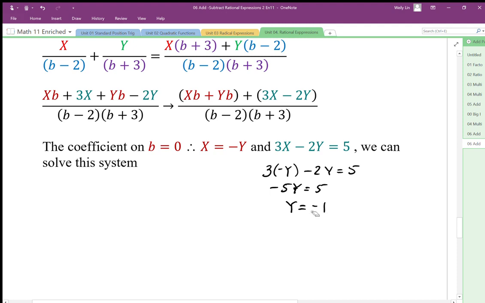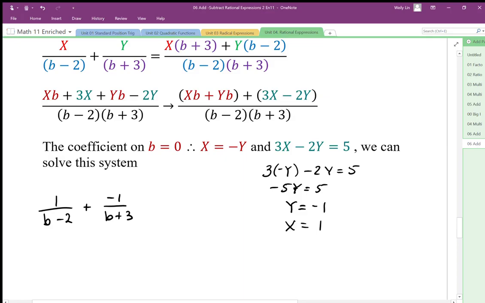If y is equal to negative 1, I go back up to here and I can see that x must be equal to positive 1. So my original fraction would have been 1 over b minus 2 plus negative 1 over b plus 3.